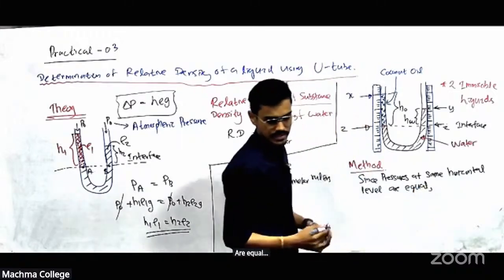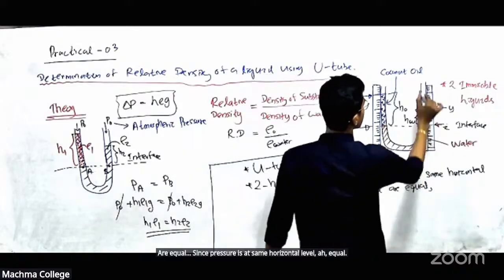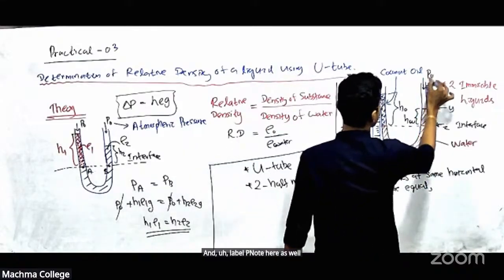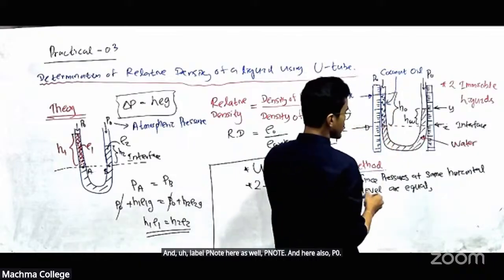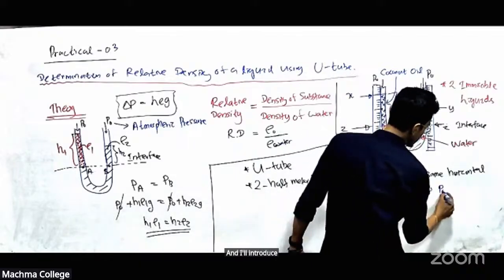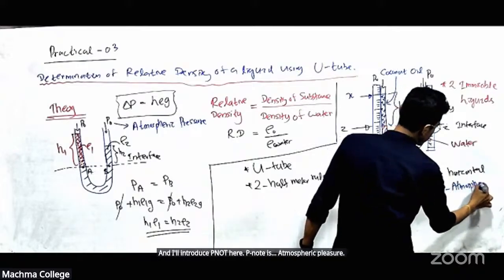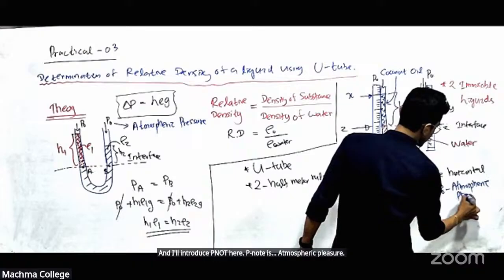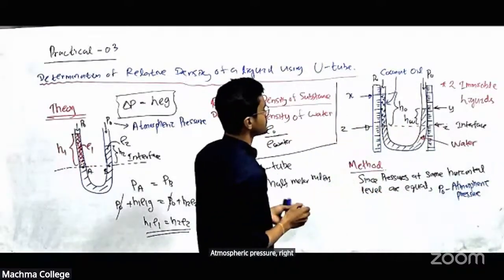Since pressures at same horizontal level are equal. And label P naught here as well. P naught, and here also P naught. And I'll introduce P naught here. P naught is atmospheric pressure. Right?